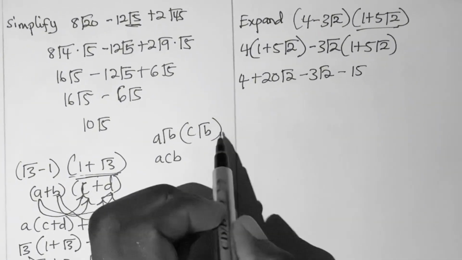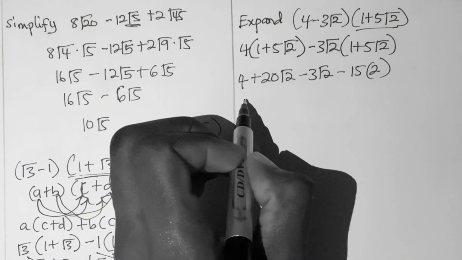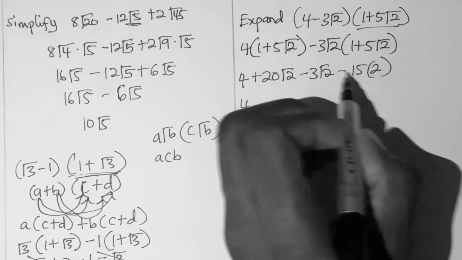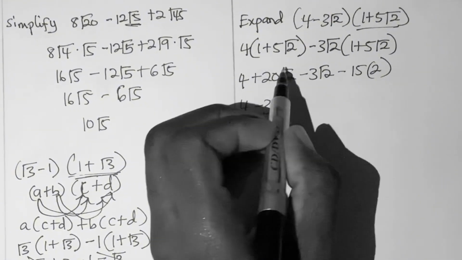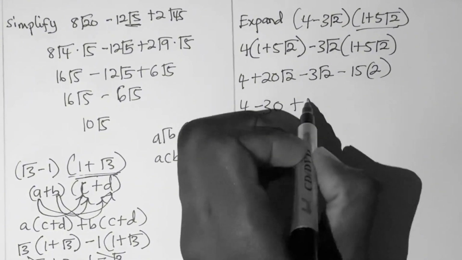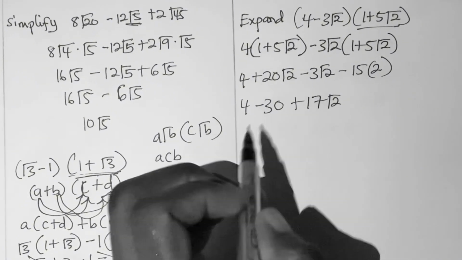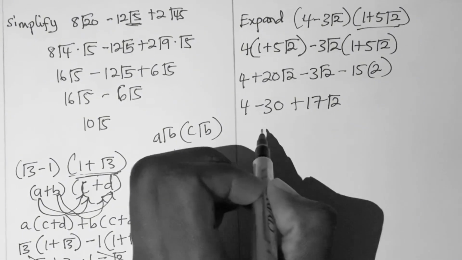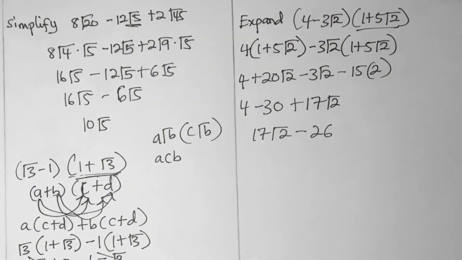Then root b times root b is b, so times 2. So this becomes 4, then minus 15 times 2 is 30. Now 20 root 2 minus 3 root 2 is 17, so plus 17 root 2. And now 4 minus 30 is minus 26. So this becomes 17 root 2 minus 26.